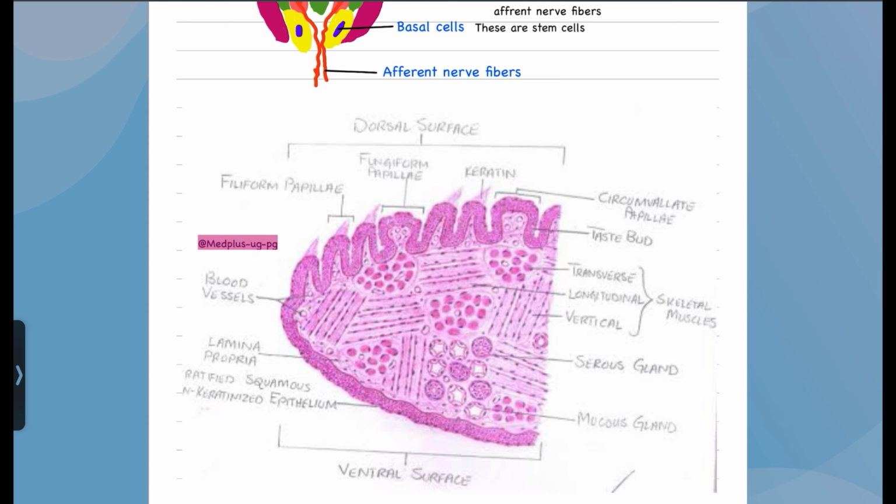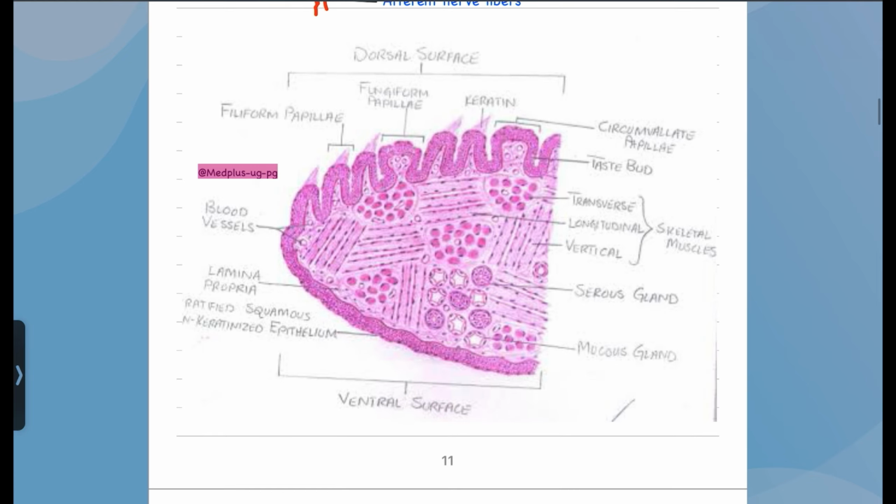And as we can see here, we have skeletal muscles arranged in a haphazard arrangement. It does not have any regularity. And the tongue contains serous glands and mucous glands. And the lining epithelium, as we can see here, is stratified squamous epithelium.